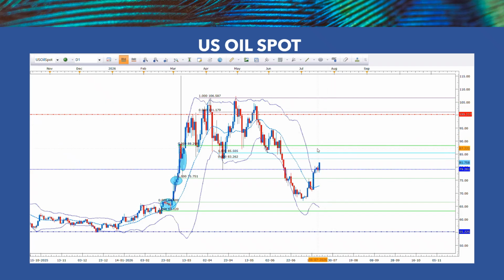However, if it returns from this particular zone, then as of now we've got a nice area to go long where we can find a bounce, and then we can go long as it moves towards the next supply zone in the opposite direction, or if it breaks down, then we can find another demand zone at 71.15 and 72.5.